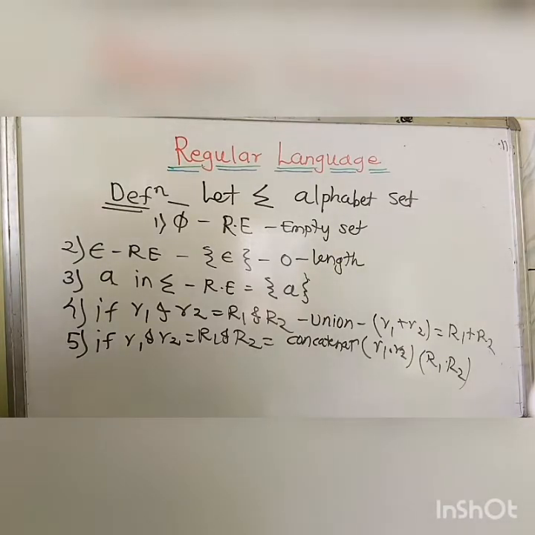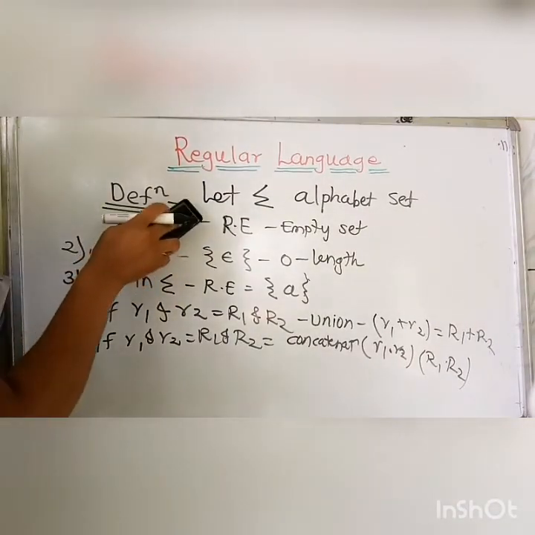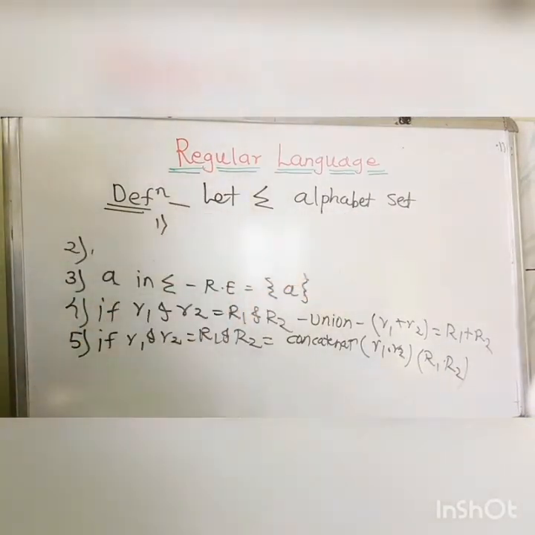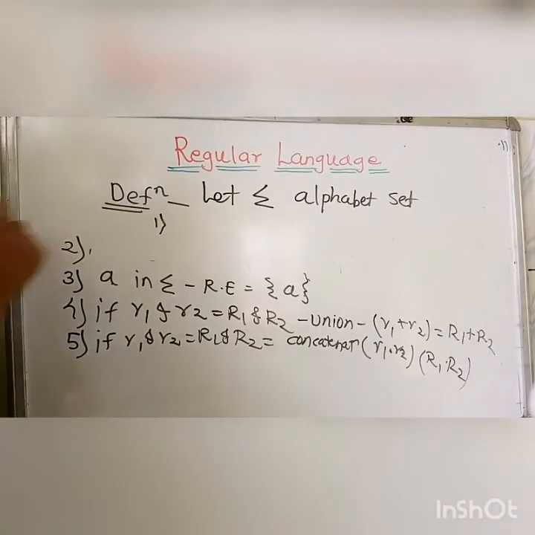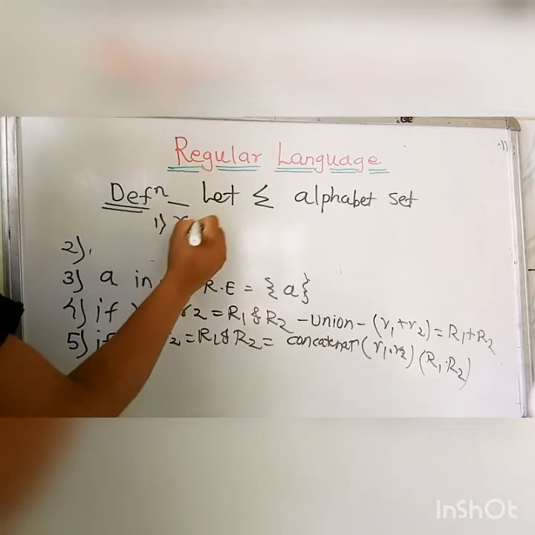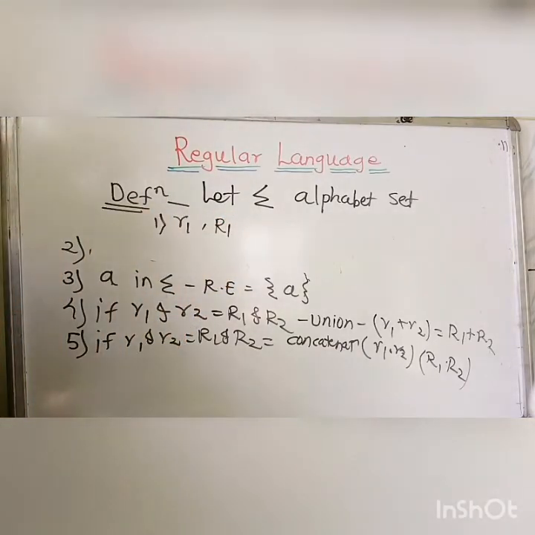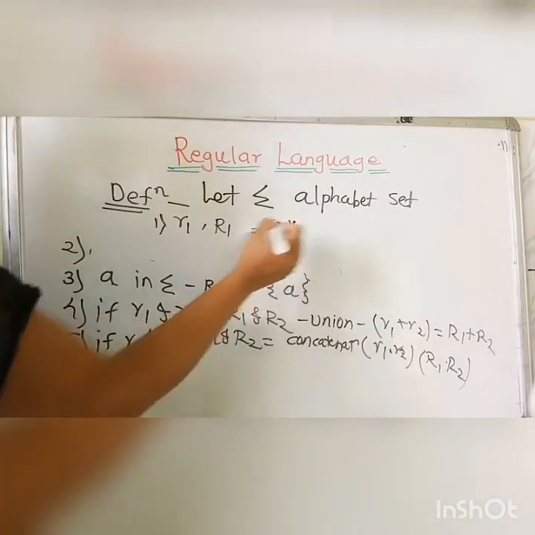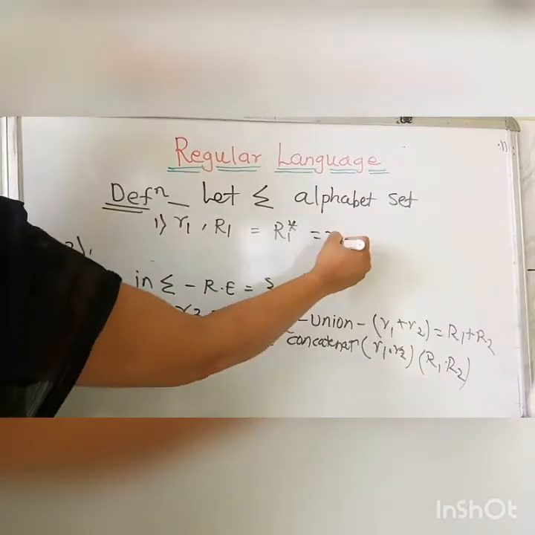Then we come to the next points. If R1 is a regular expression denoting the language capital R1, then the language R1 star is also regular and it represents the regular expression small R1 star.